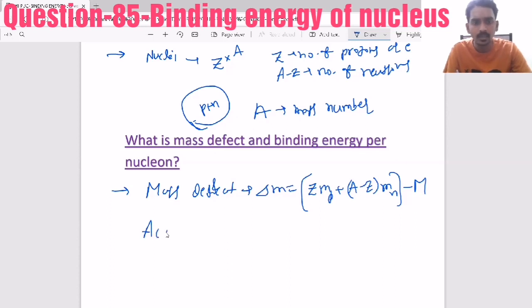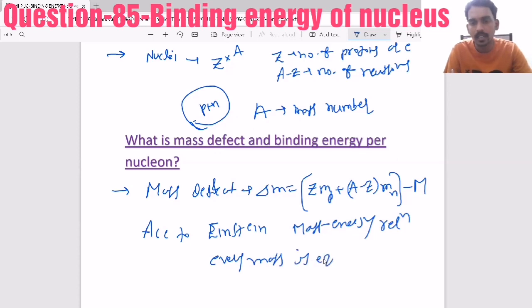That means after formation there is a loss of mass, which we call mass defect. And according to Einstein's mass energy relation, every mass is equivalent to energy, E equal to mc square.